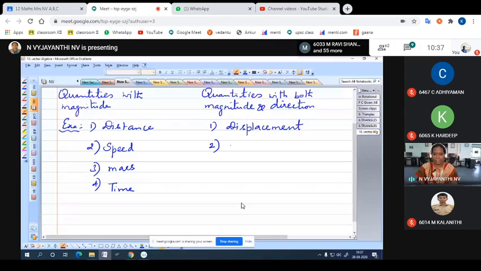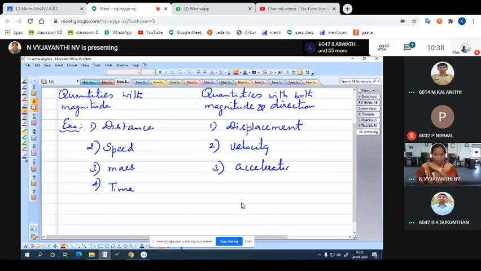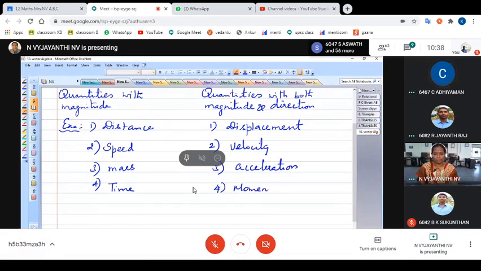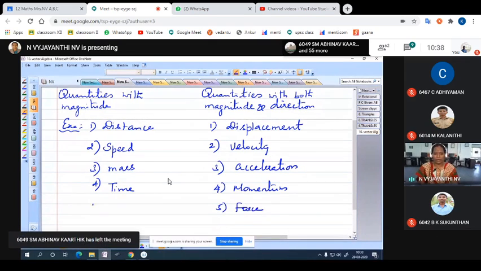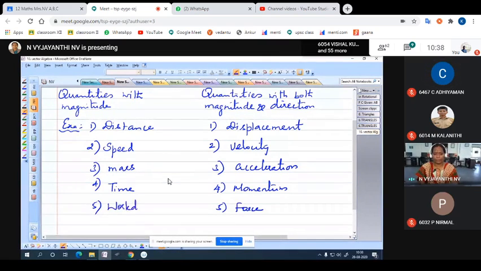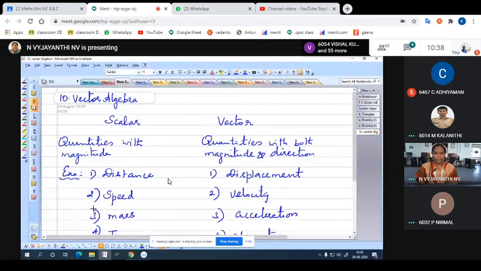So we have displacement, then velocity, momentum, acceleration, force. Then work done will come under what? Work done will come under scalar. So this is the difference between vector and scalar.